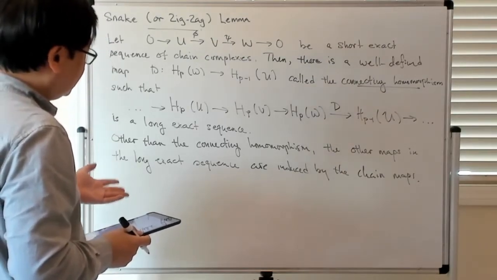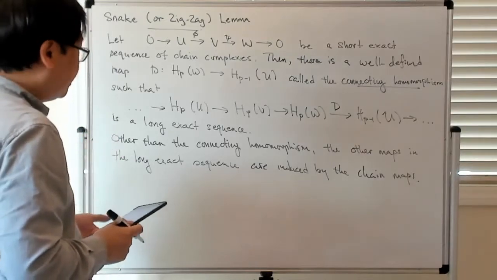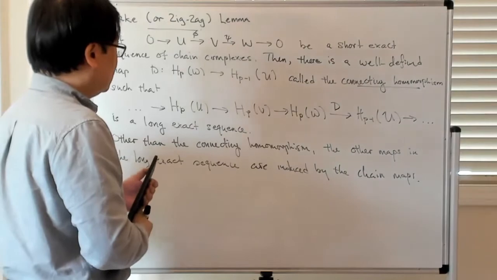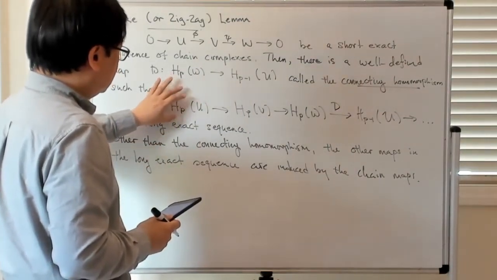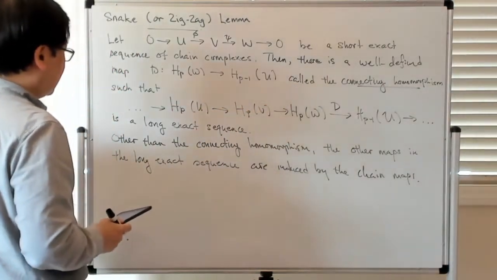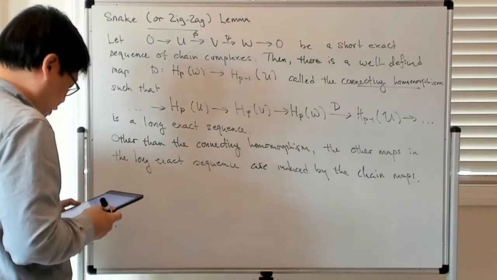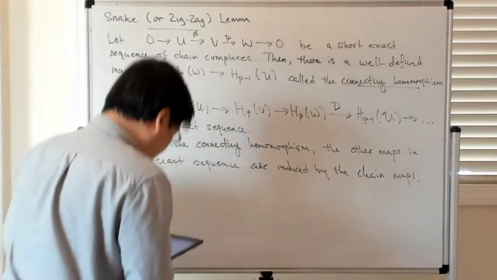But as you might expect, the snake lemma or the zigzag lemma gives you a means of recovering the exact sequence for the pair, which I had previously talked about, but let me just remind you.